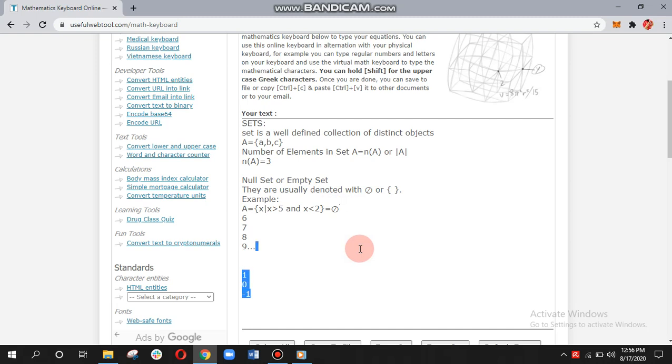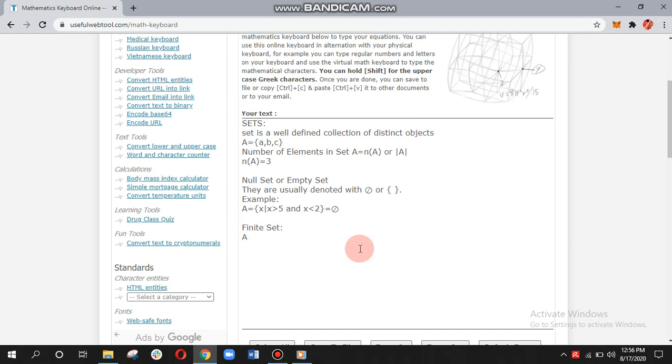Okay, proceeding to the finite set. What does that mean? A finite set is a set which contains some specific and finite number of elements, meaning whose limit is defined.